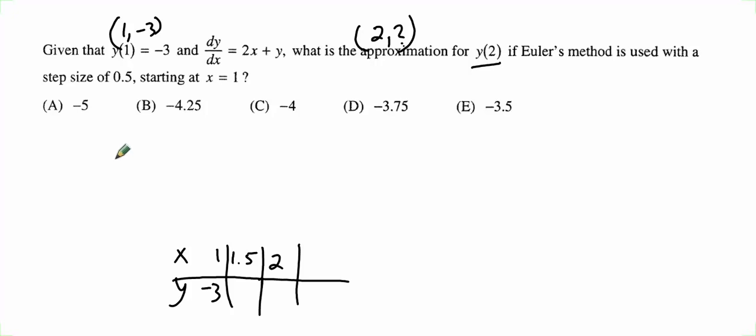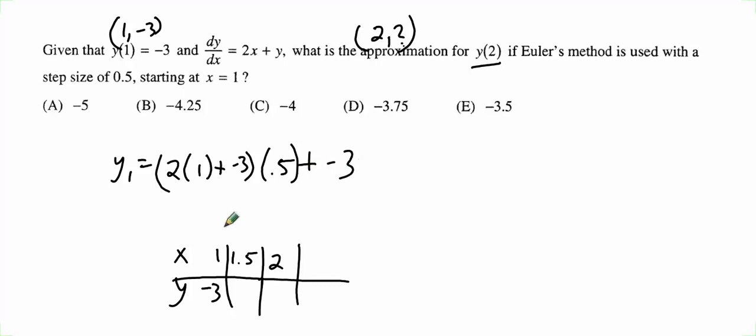Alright, so our new y is our slope, so 2 times x, which is 1, plus y, which is negative 3, times our step size, which is 0.5, plus our old y value, which is negative 3.